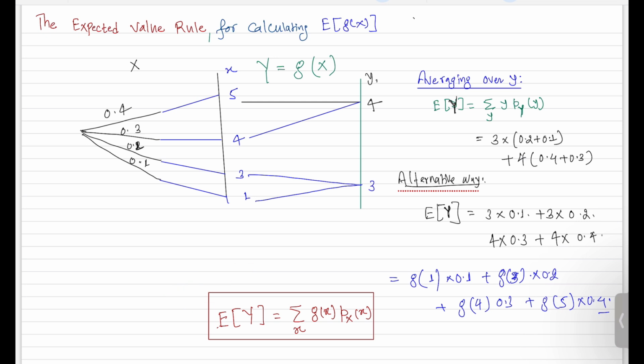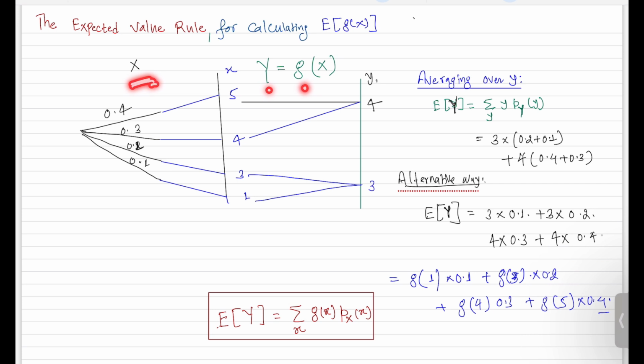What's the benefit of calculating the expected value of a function? Let me repeat one more time. The value of finding the expected value using the expected value rule is that we have another random variable that is a function of some original random variable.